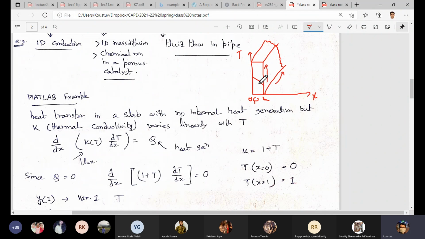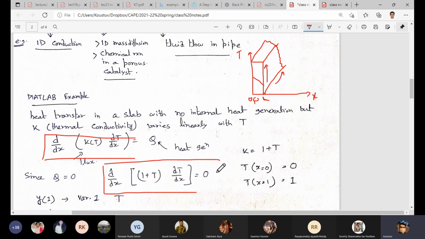So that is the typical equation that we have in the heat transfer problem, that flux equals the rate of heat generation, and if it is an insulated wall, then we often consider this to be 0, and then this equation reduces to this. There can be two cases.